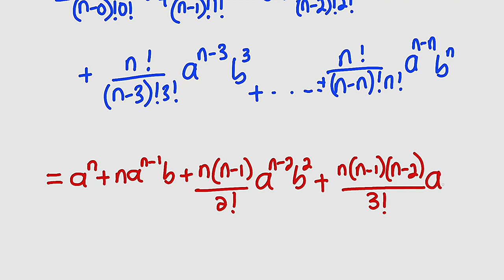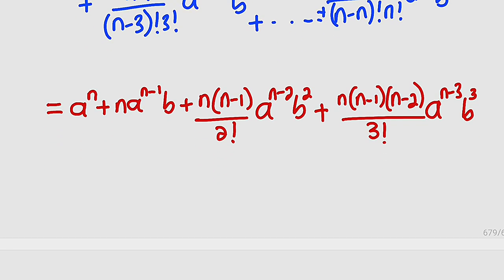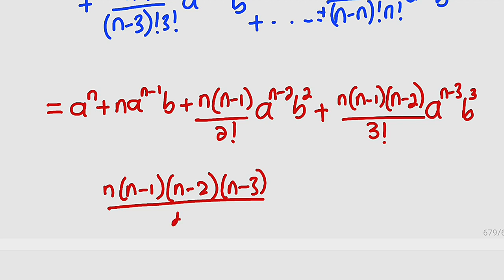Then this will be a raised to the power of n minus 3, b raised to the power of 3. If you want to obtain term number 5, it is going to be n multiplied by (n minus 1) multiplied by (n minus 2) multiplied by (n minus 3), right? Divide by 4 factorial, then a raised to the power of n minus 4, b raised to the power of 4. Can you see that?